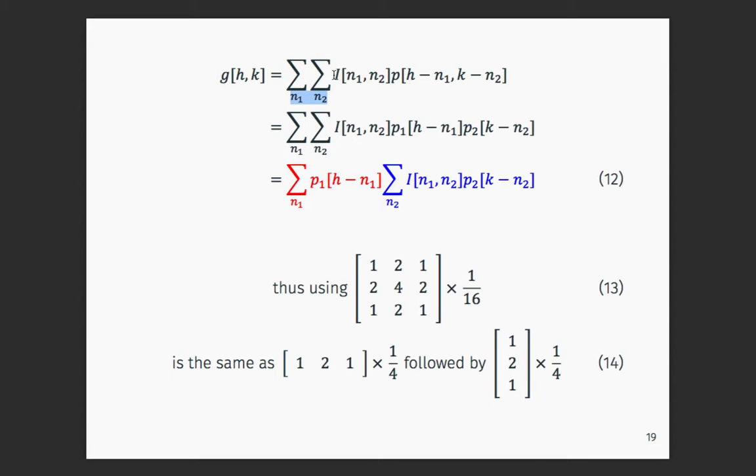You add that particular pixel location, and what you need is the weight that relates that location to my current position. That only depends on the relative distance between the pixel N1, N2 and the pixel H, K. You have two pixels, one at position H, K and the other at position N1, N2, and you ask whether they are far apart or not. The weight that relates them by relative distance is stored in P.